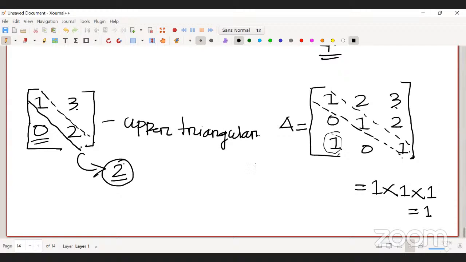For example, if you take this matrix 1, 0, 0, 0, you see the only entry above the diagonal is 0. That means this is a lower triangular matrix.